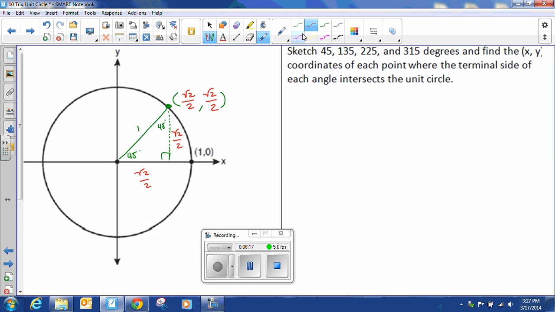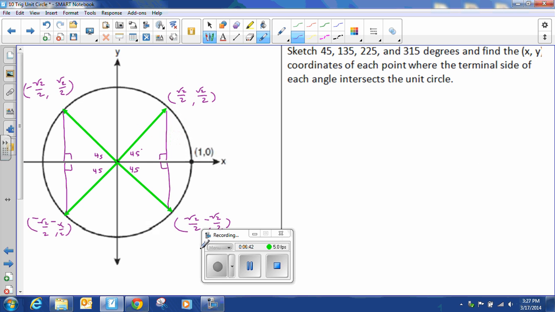And this is true because this is really the x coordinate, and this is really the y coordinate. This is cosine of 45 degrees, and this is sine of 45 degrees. This is very, very important, because as you use this to sketch out all your other angles, 135, 225, and 315, you end up with this shape.